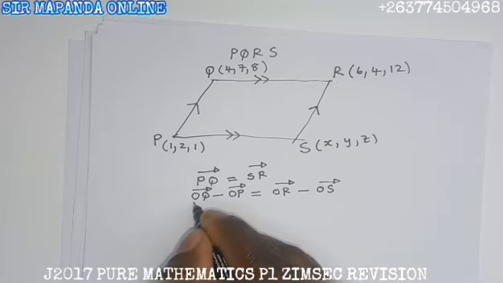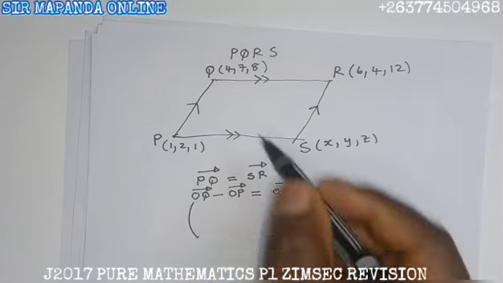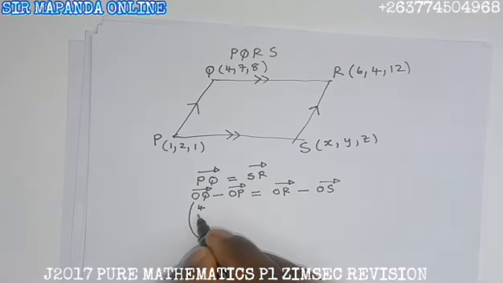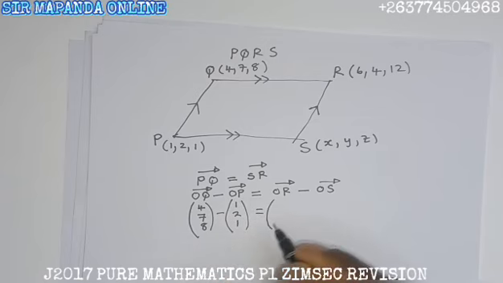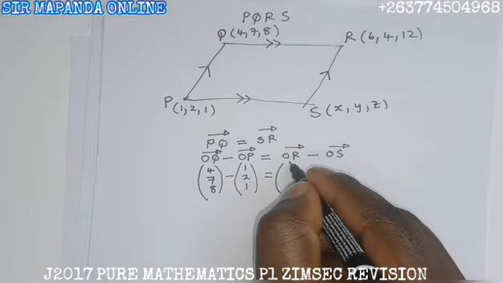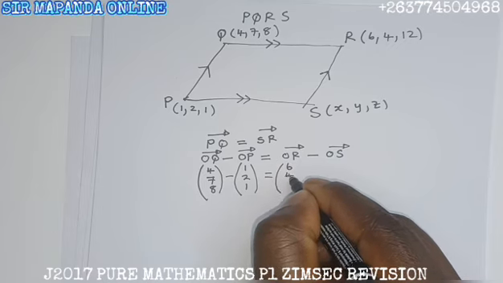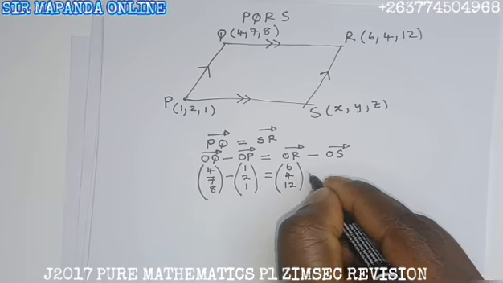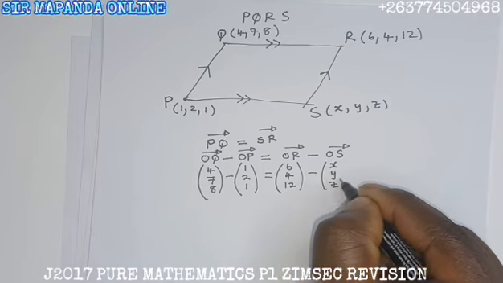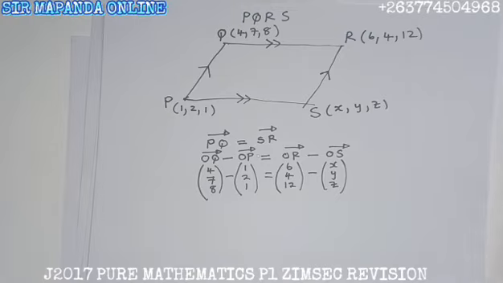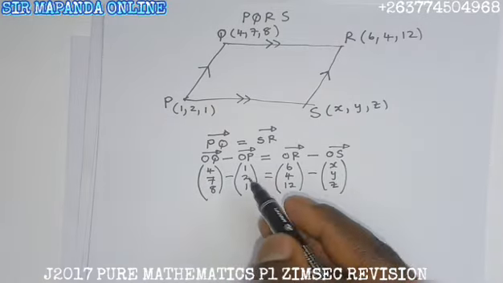Something like this. So on OQ, substitute (4, 7, 8). Then on OP, substitute (1, 2, 1). On OR, substitute (6, 4, 12). Then on OS, substitute XYZ. So we want to create common brackets on both sides.